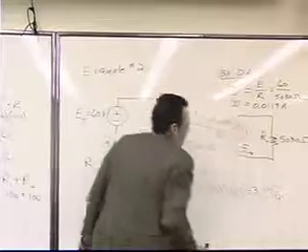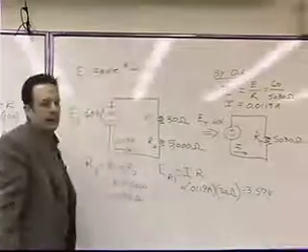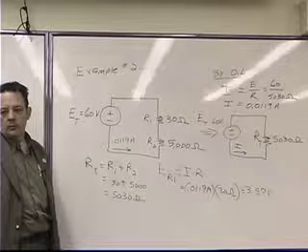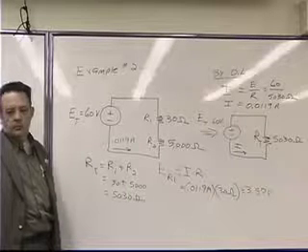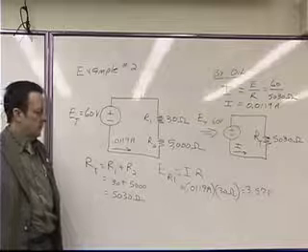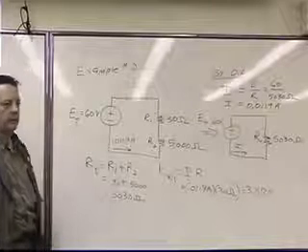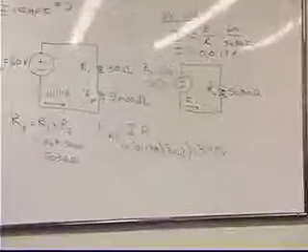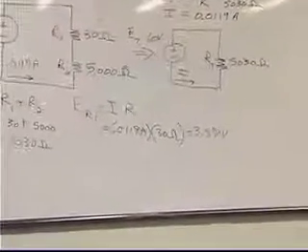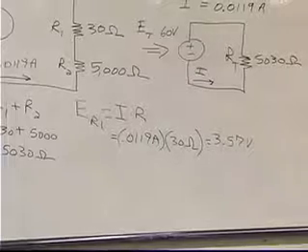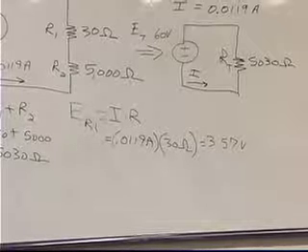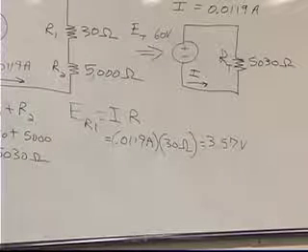3.57 volts. Is everybody in agreement with that? No? I got 0.357. Try it again: 0.0119 times 30. I got 0.357. Okay, so we're getting two answers, and I don't have a calculator in front of me.